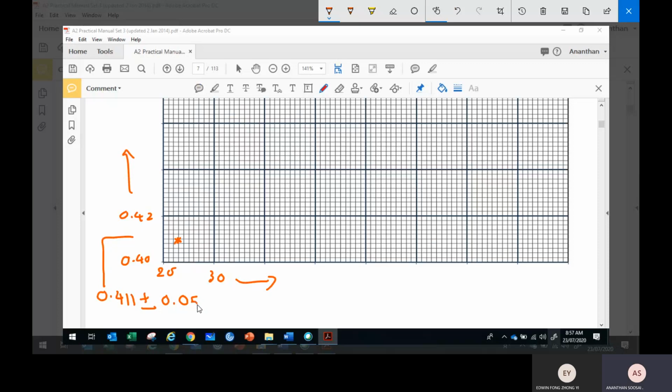Oh, 0.005. So that means this data can go maximum how much? 0.416. Minimum can go is 0.406. Correct? So you have to show this range.